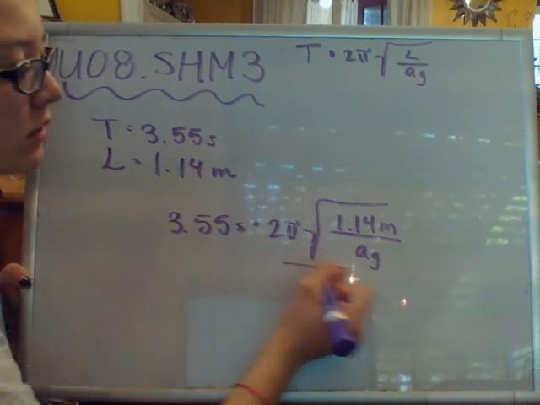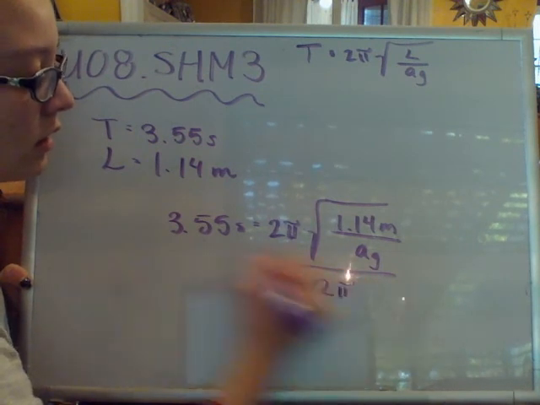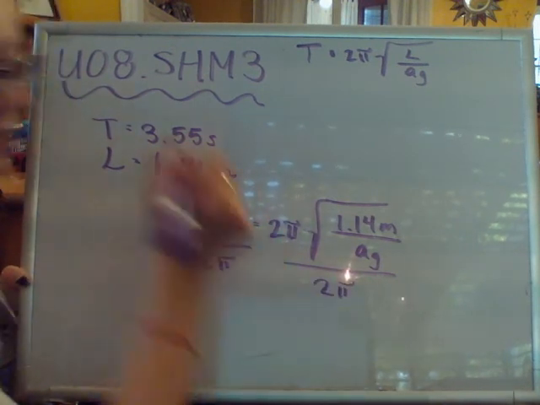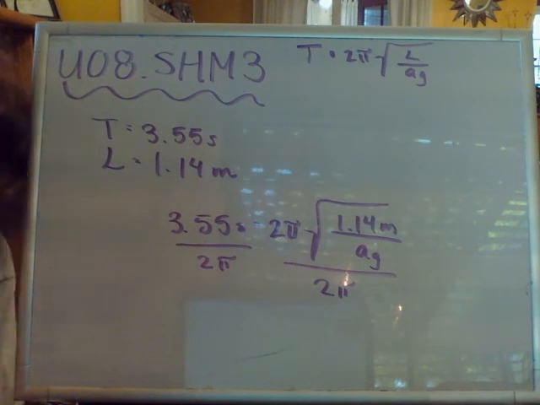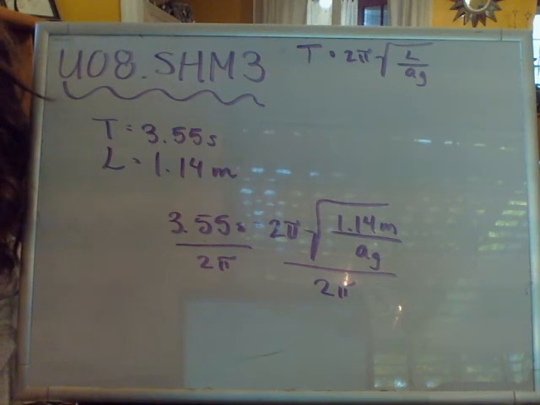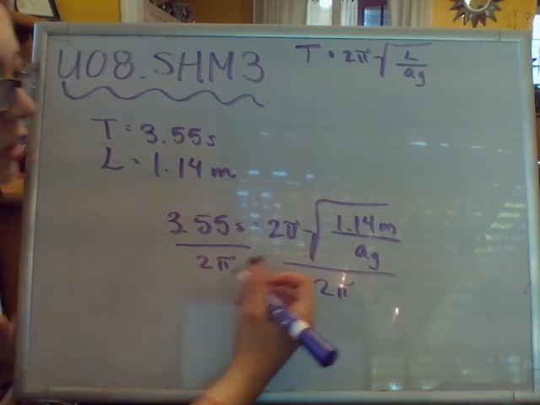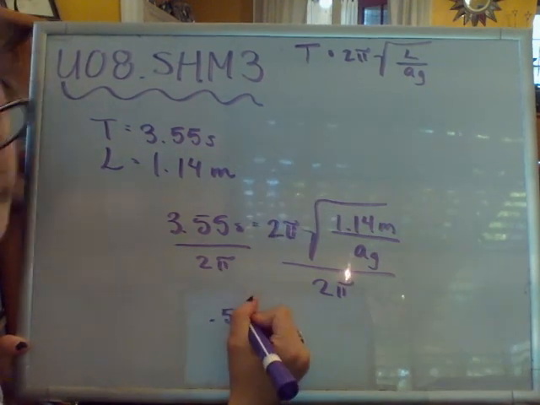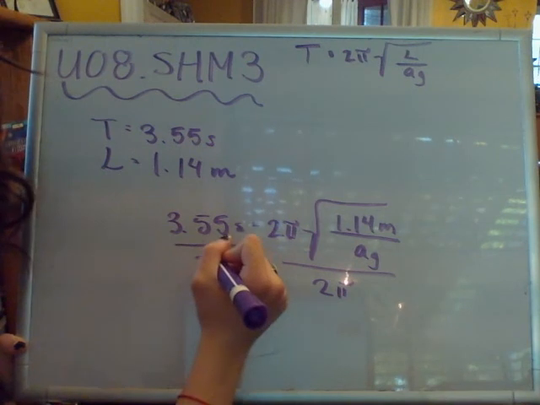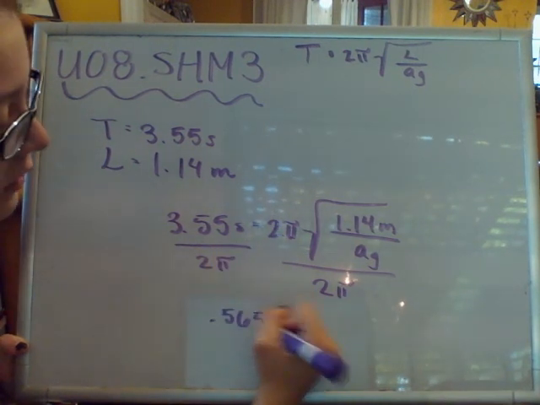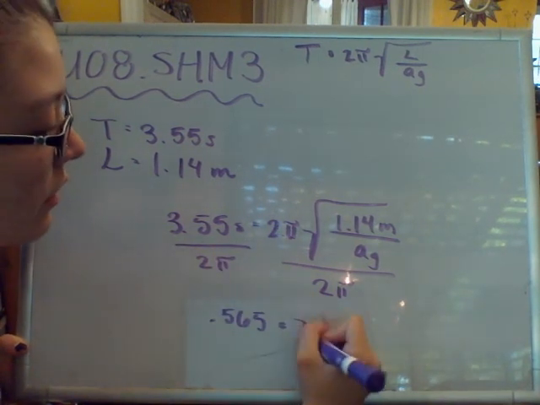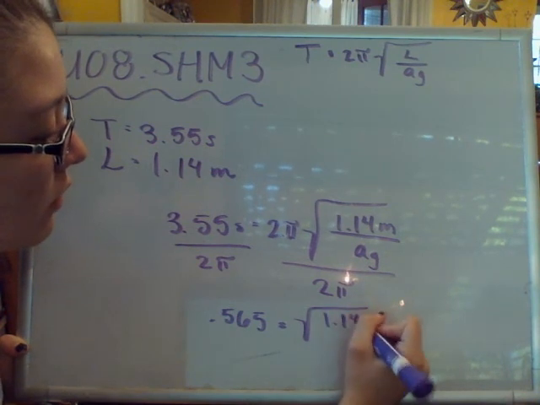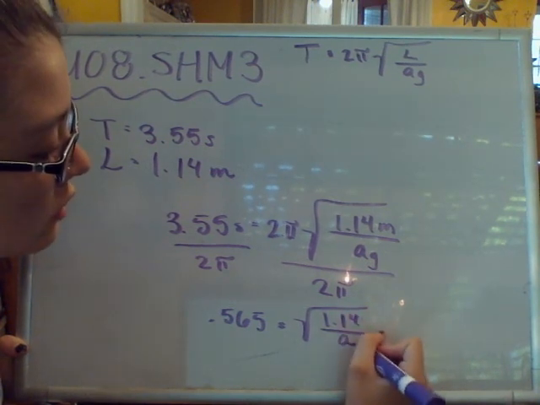So we can divide both sides by 2 pi. And that gives us 0.56 equals the square root of 1.14 over g.